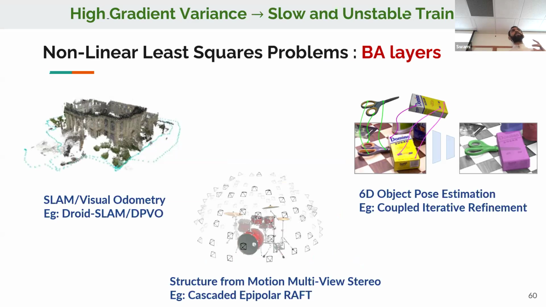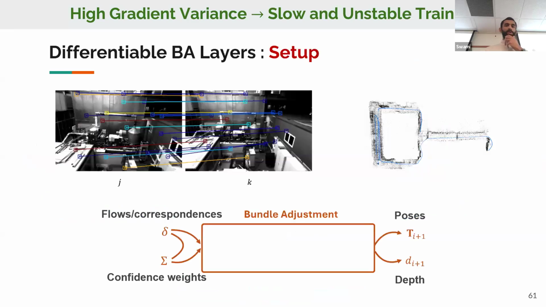For example, you might have SLAM or visual odometry, where you're trying to reconstruct the scene while estimating some camera poses, given some image observations. You might have structure from motion, like 6D object pose estimation. Across these tasks, you have bundle adjustment problems, where you have a sequence of frames.